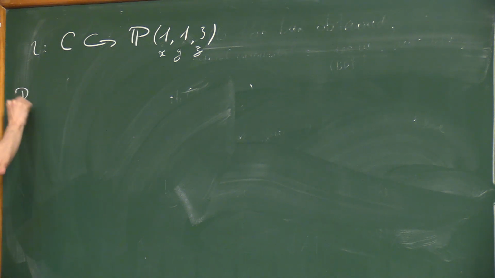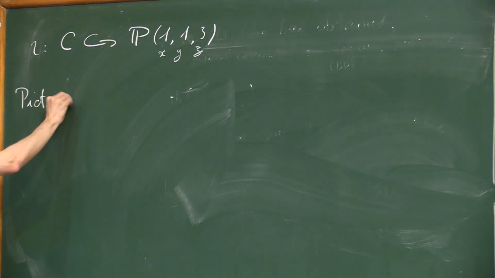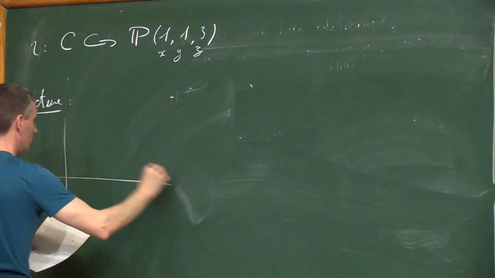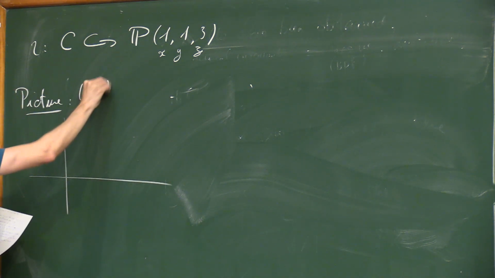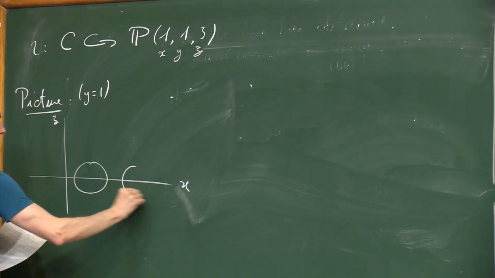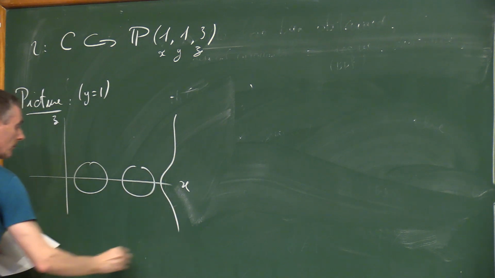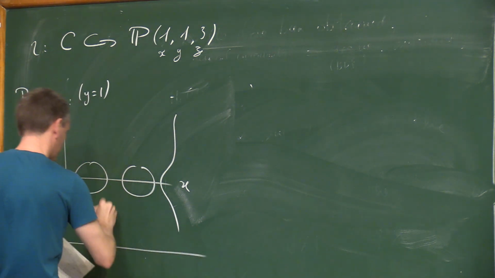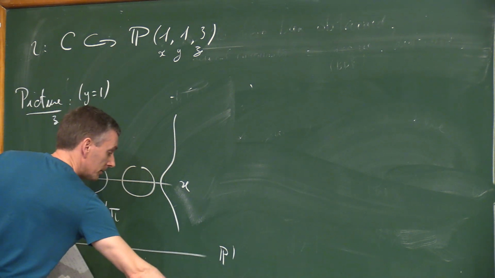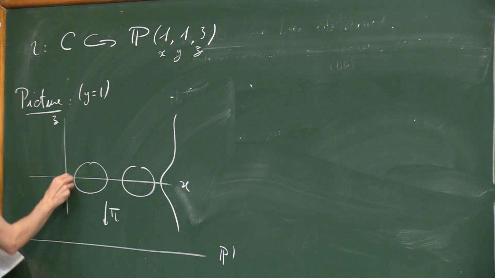Okay, let me draw a picture. In the chart y equal to 1, here x and y, it is like this. And the projection to P1 is branched along this.